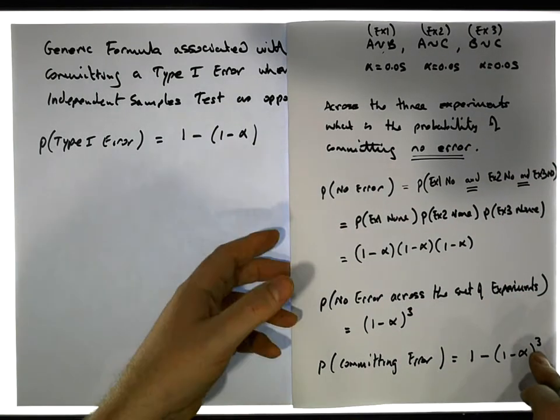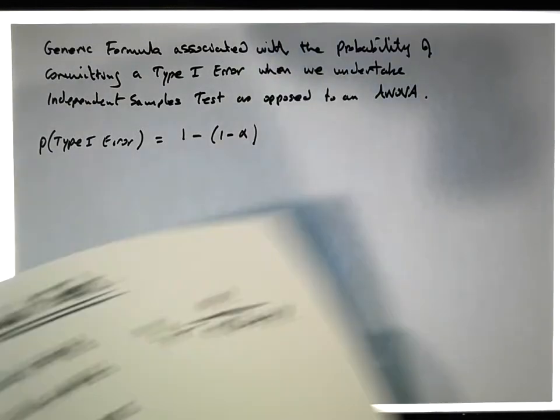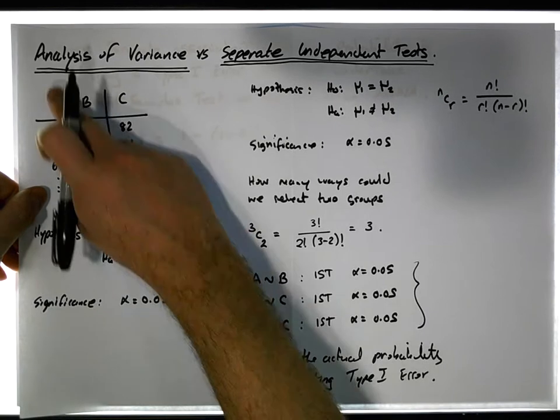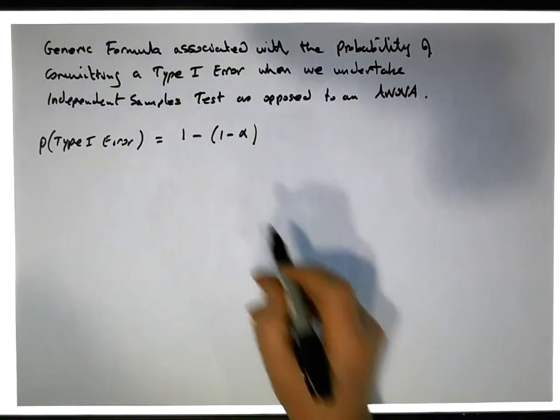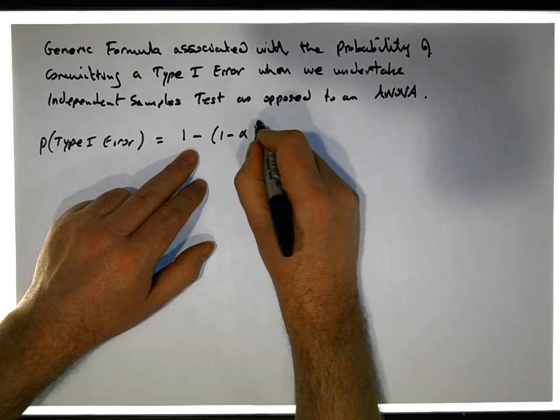Now, the number of independent samples t-tests that we could undertake depends on the number of groups that we have in total associated with our ANOVA, and it can be calculated by NCR. So actually, the generic formula is 1 minus alpha raised to the power of NCR.